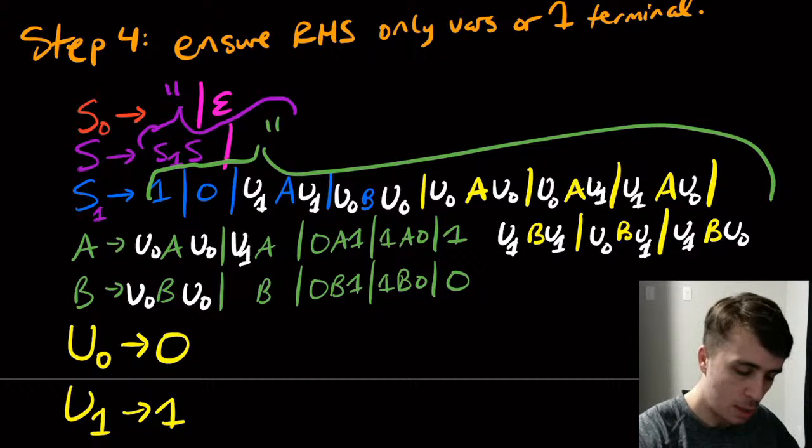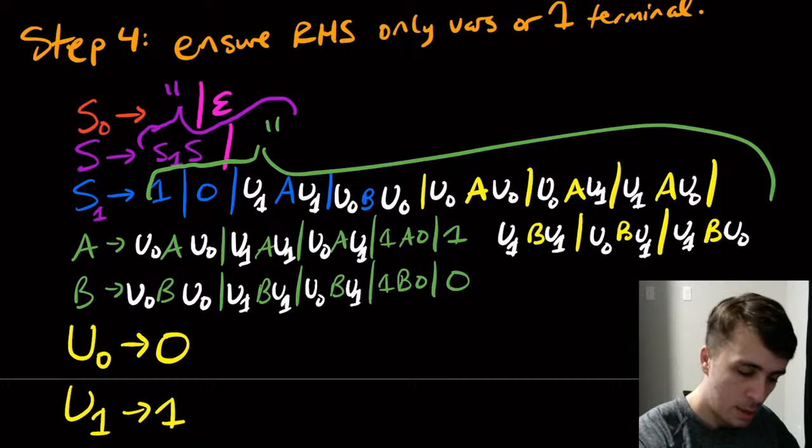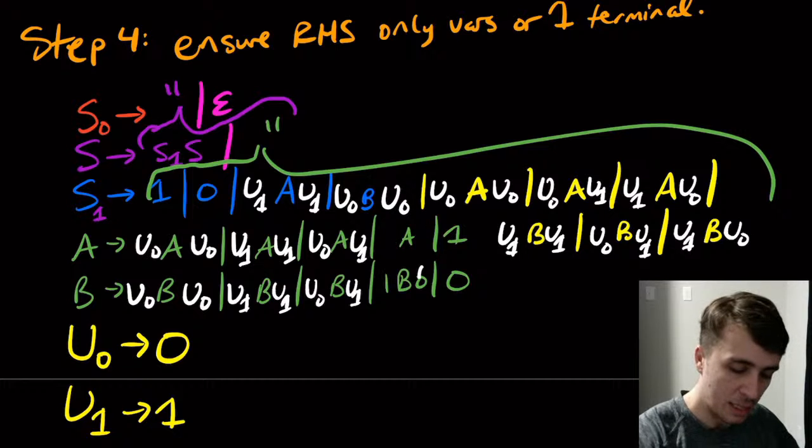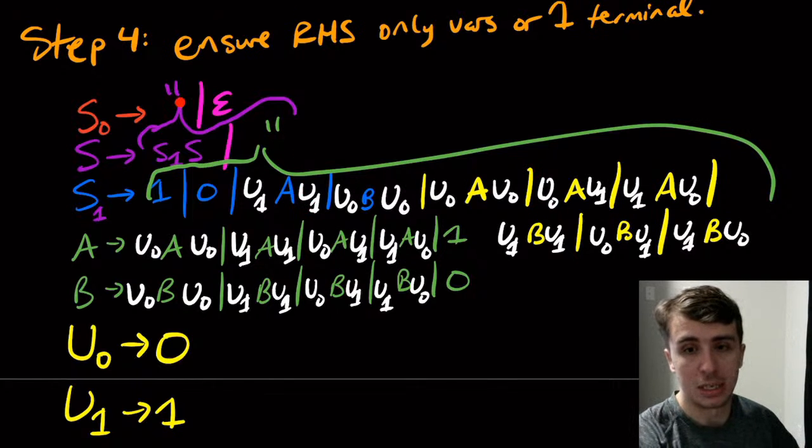So U1, U1, U1, U1. 0, 1 in both cases in this one. So U0, U1, U0, U1. And then, of course, 1, 0 in both cases here. So U1, U0, U1, U0. And I assume that these are going to be copied and pasted upstairs here.